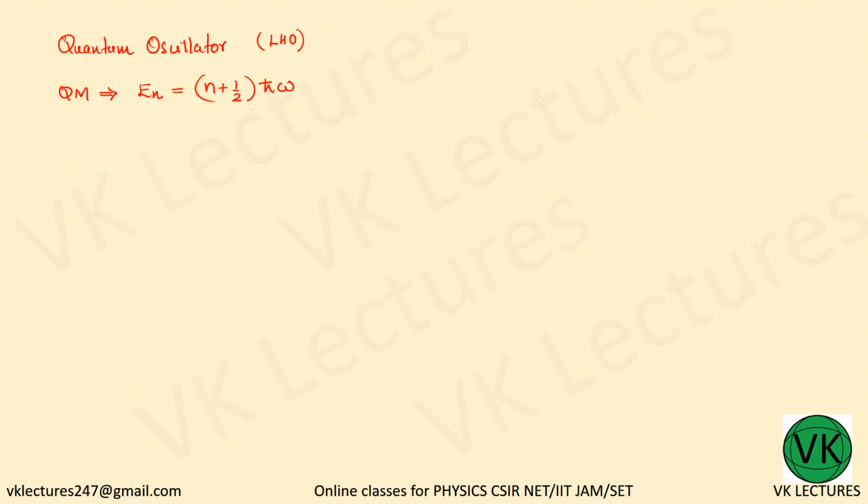Now we also know from the canonical ensemble theory that the partition function Z is equal to the sum over s of e to the power minus beta Es, where Es represents the energy of the state.